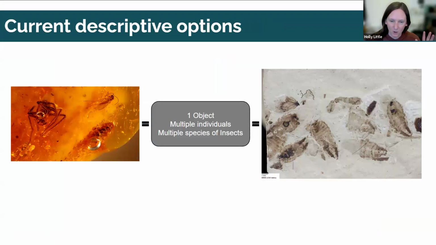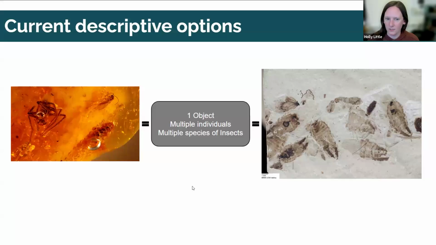And to hammer that home, here are two different objects that are fossil insects. Each one is a single object. They both represent fossil insects of many taxa and many individuals. But if you imagine how you might map your data to Darwin Core right now, there's not actually a way to clearly distinguish between these two objects in the data.